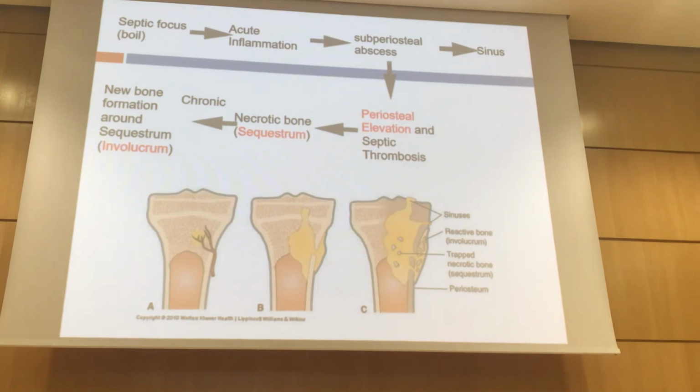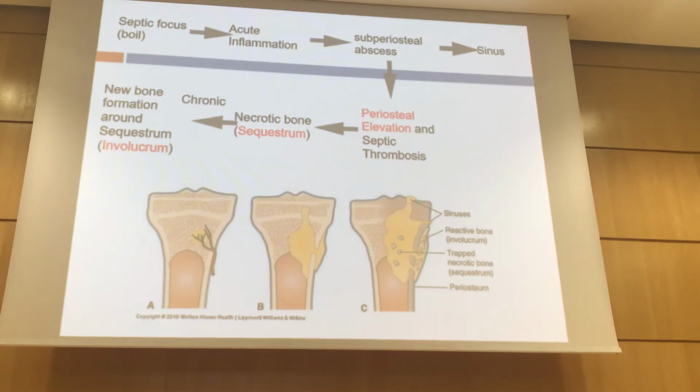This is very important to keep in mind: how the infection starts in the body. It doesn't blow up overnight. It takes some time. Usually it is acute, then ignored and becomes chronic. What are the causes of chronic osteomyelitis? Immunodeficiency, diabetes.